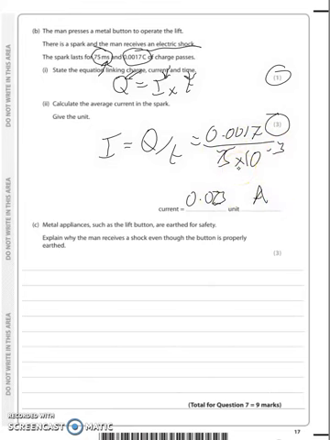Metal appliances such as the lift button are earthed for safety. Explain why the man receives a shock even though the button is properly earthed. So metal is obviously a conductor. It will allow the electrons to flow through it. So there is a voltage.